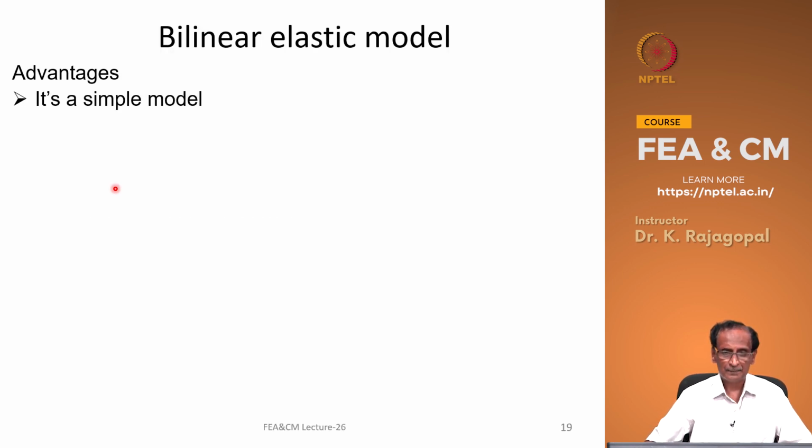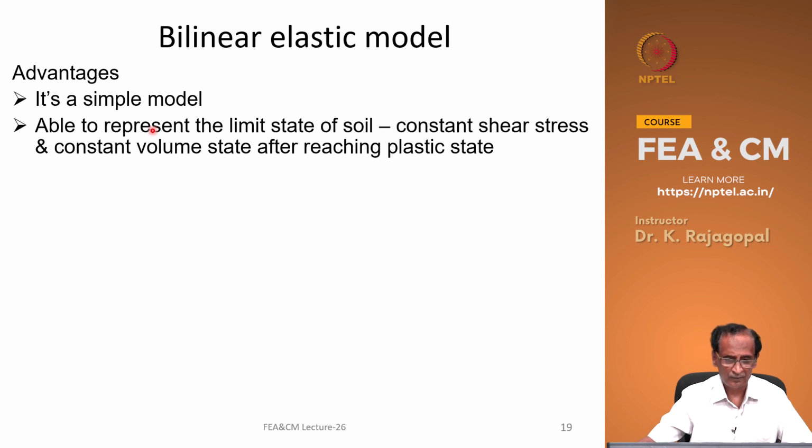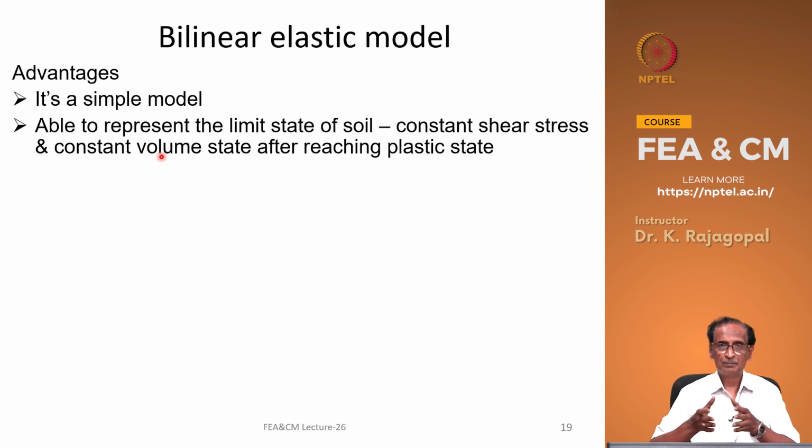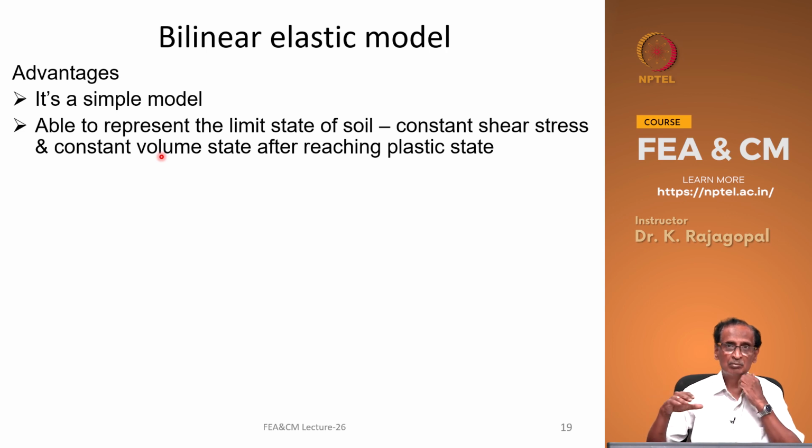And the advantage of this bilinear elastic model is that it is a very simple model, and we are able to utilize the shear strength parameters c and phi, and then put a limit on the stresses that we generate, and it is able to represent the limit state of the soil.